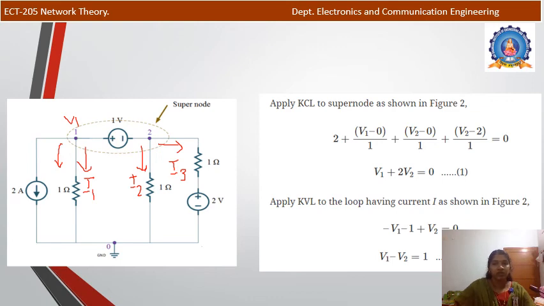Next we apply KVL to the loop having current I. We consider the voltage source that exists between the two nodes, which is 1 volt, with one point at node voltage V1 and the other at node voltage V2.